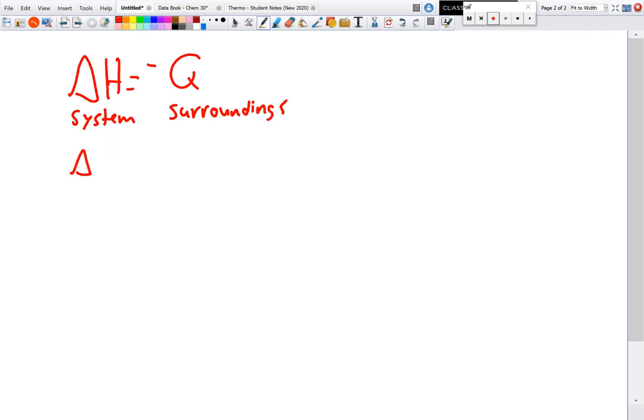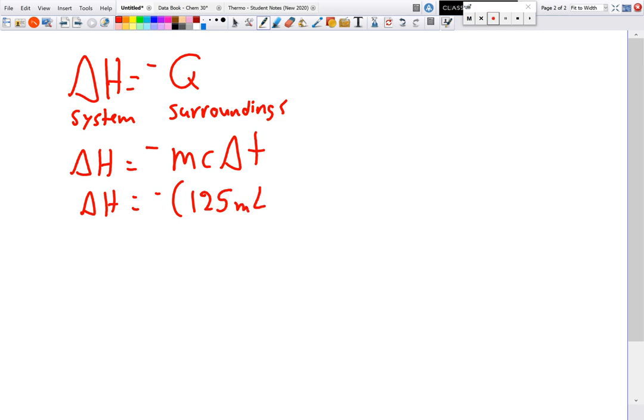Just like before, we're solving for delta H, so it's negative MC delta T. Now this time, because the total volume of the solution was 125 milliliters, that is my total M. C is 4.19 joules per milliliter degrees Celsius, and my change in temperature is of course 25.6 minus 20.2.